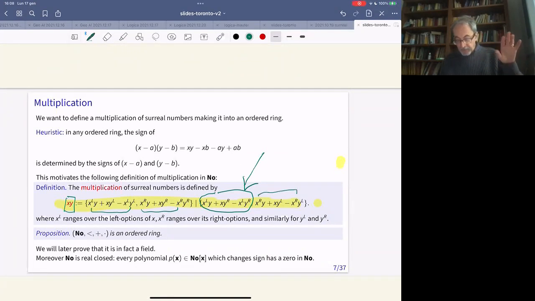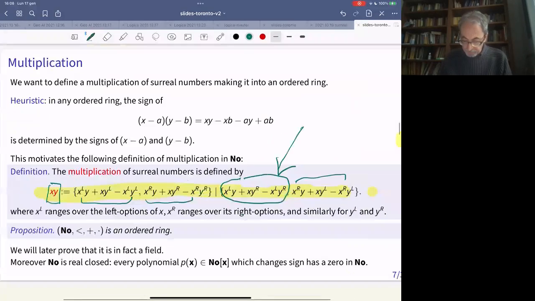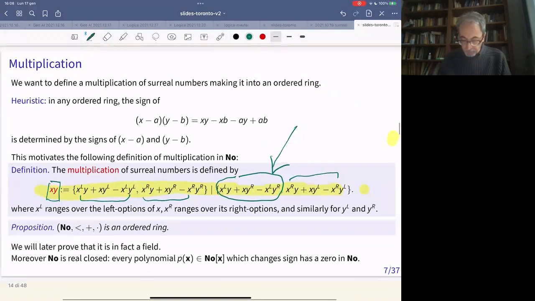Again, XL is not a single element, it's a generic object which ranges over the left options of X. So this is the definition of multiplication. And now you can prove that 1/2 times 1/2 is 1/4 and so on. And 1 is the neutral element and everything works well in the picture.